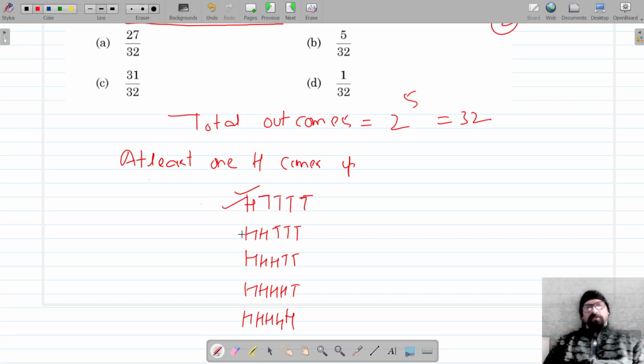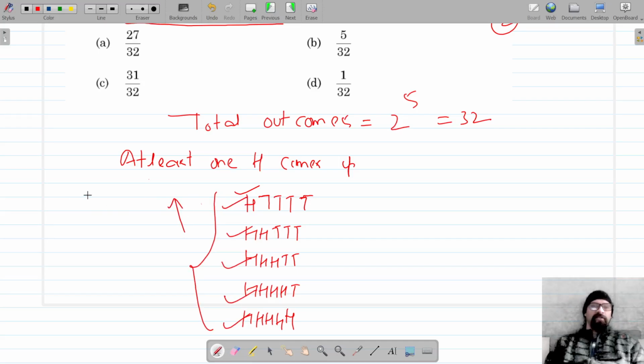So one head or 2 heads or 3 heads or 4 heads or 5 heads. This is the meaning of at least one head. That means greater than or equal to one.